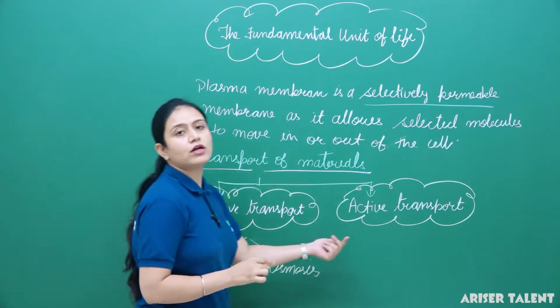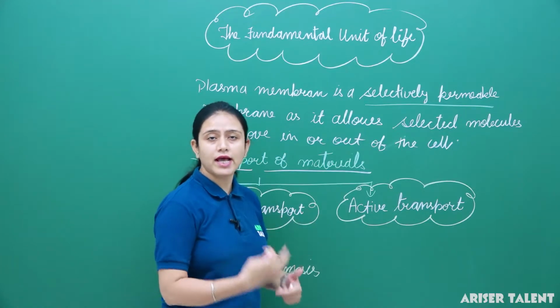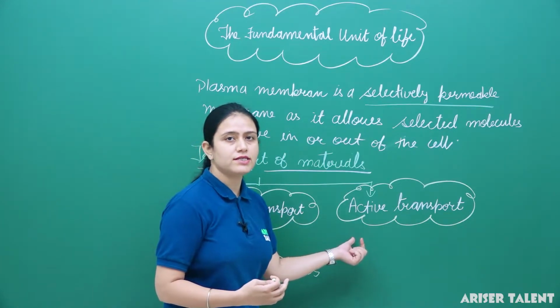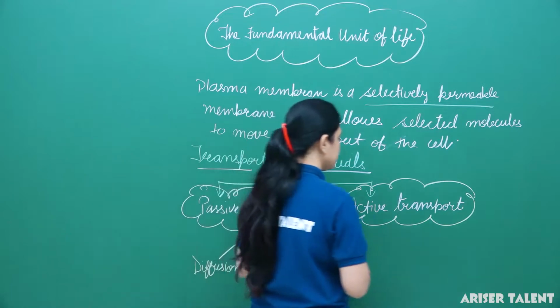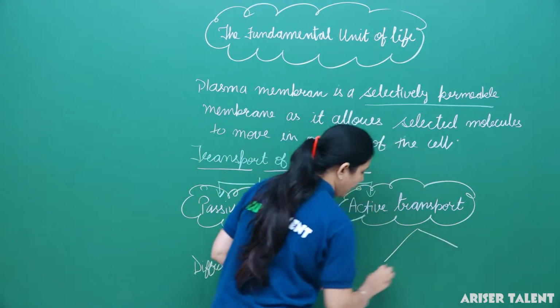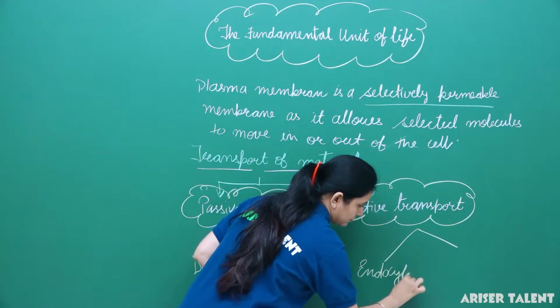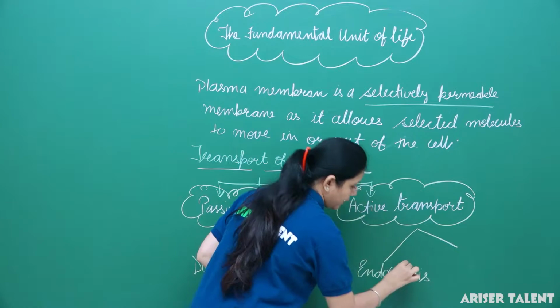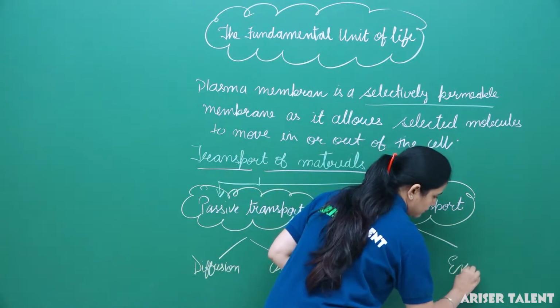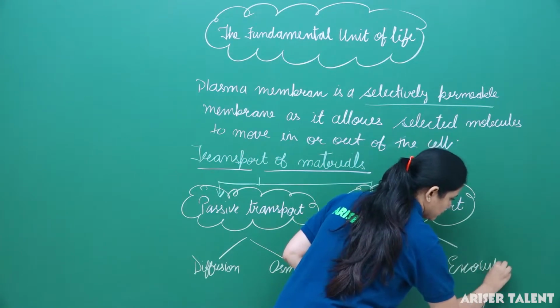And if we talk about active transport, the transport of materials that requires energy is known as active transport. It is done by two methods: endocytosis and exocytosis.